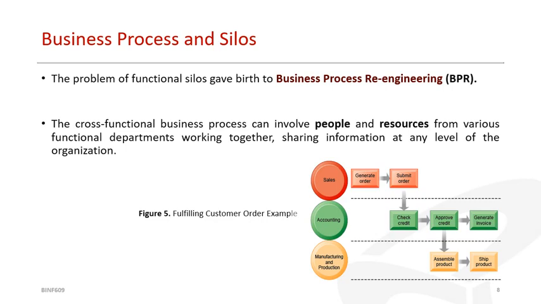So this cross-functional organizational structure breaks the traditional functional silos of an organization, opening the flow of information from one department to another. This leads to organizational change and makes organization move from process orientation to customer orientation, which improves the relation with customers.